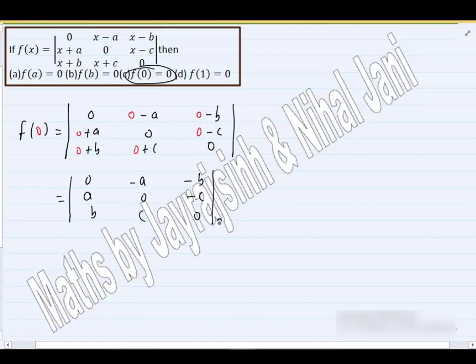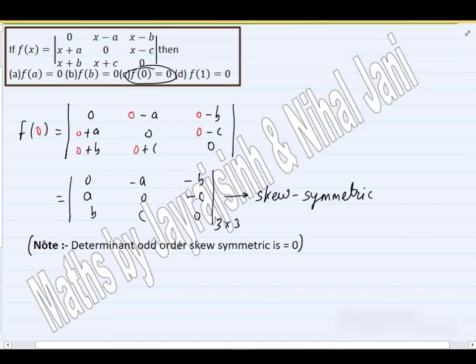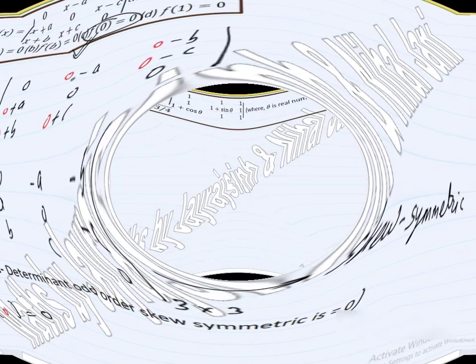Now as you can see, here we have determinant of order 3 cross 3, which is skew symmetric, right? Remember this thing, determinant of odd order of skew symmetric is 0. So we can proudly say our f of 0 is 0. Tada! Option C is the correct one.